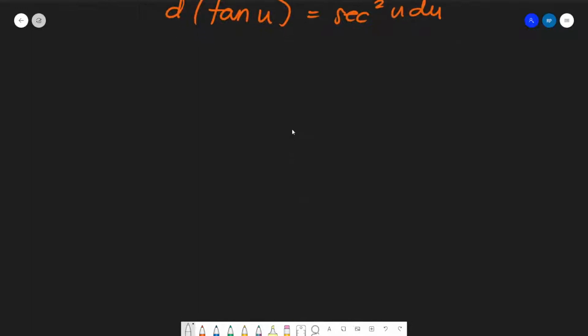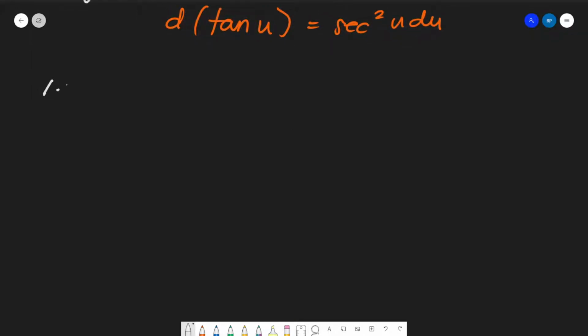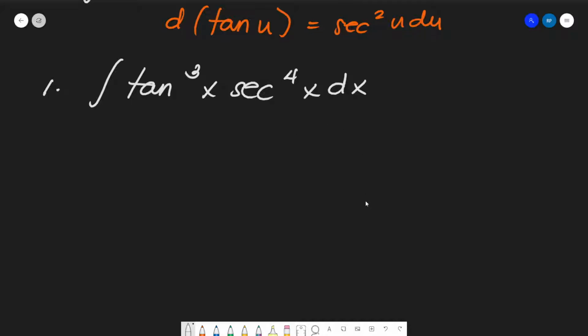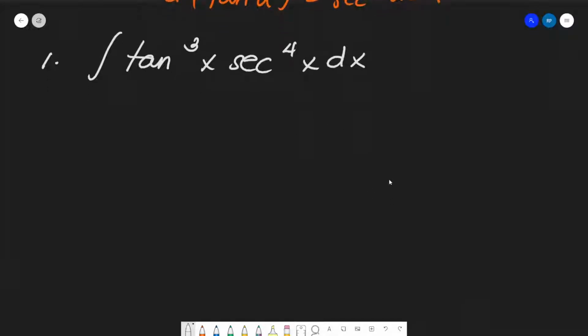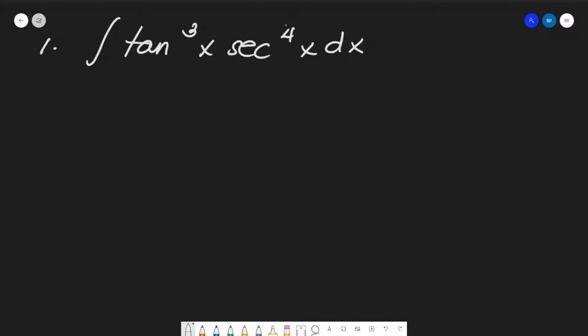Okay, example tayo. We have here number 1. We're asked to find the integral of tangent cube x secant to the 4th x dx. Medyo simple lang integral natin. Sabi natin, n must be a positive even integer greater than 2. So, 4 is a positive even integer greater than 2.